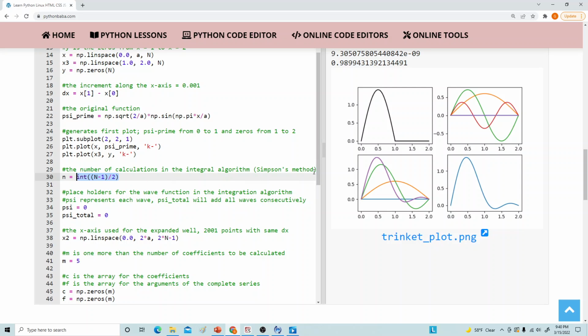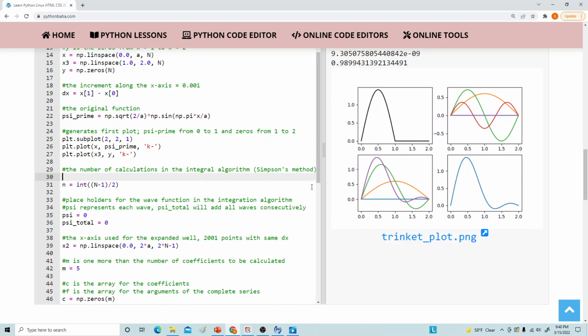Okay. Oh, and I should have mentioned in this line of code that the int function makes sure n is an integer. Let's put it that way.